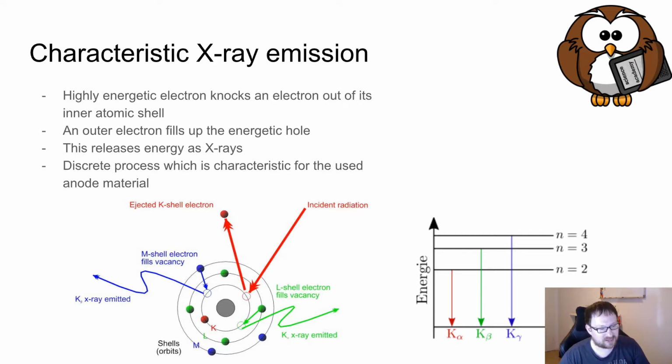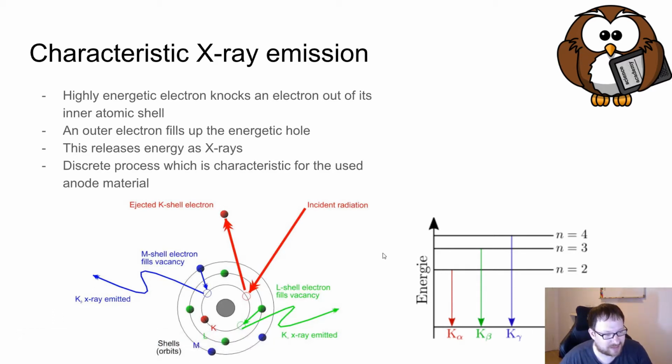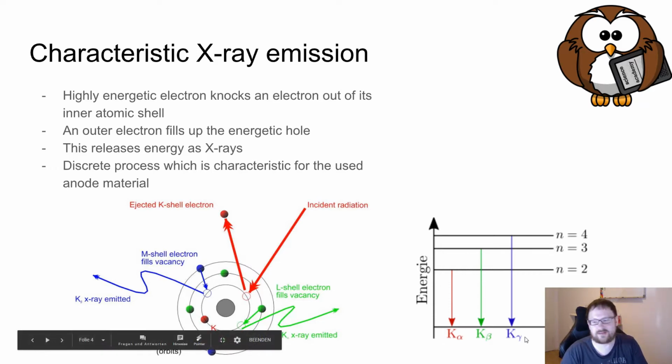Of course, K beta has more energy, but we would still expect K alpha to be more likely, because it's more likely that the hole is just filled up by an electron falling from the next shell, right? So this would lead to a discrete energy spectrum with discrete energy peaks at these K alpha, K beta, K gamma levels, and so on.